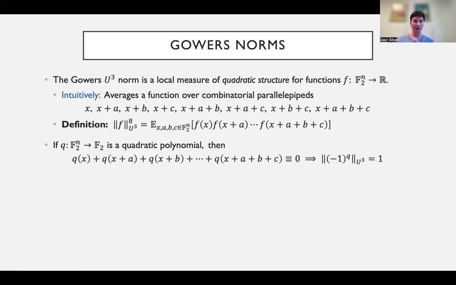And one way that you could go about seeing why this definition might be interesting is that they kind of mimic the linear dependencies of quadratic polynomials. So if Q is a multivariate quadratic polynomial over F2, then its sum over the vertices of any combinatorial parallelepiped will be precisely zero, because this is a linear dependence given by the fact that Q is a quadratic polynomial.